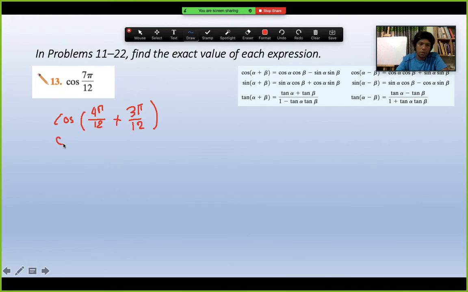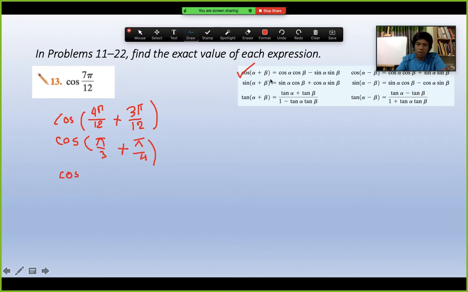Okay, then cos. If we do the cancellation, this will be pi by 3. Then if we do the cancellation, this will become pi by 4. Now cos(a plus b), or cos(alpha plus beta), is this formula. That means we have to use this formula now.